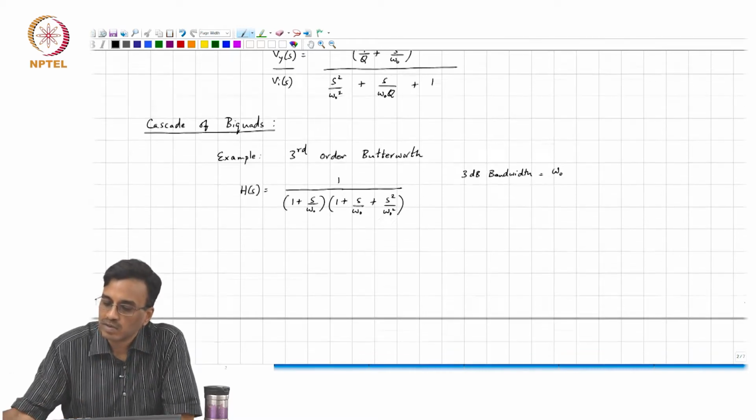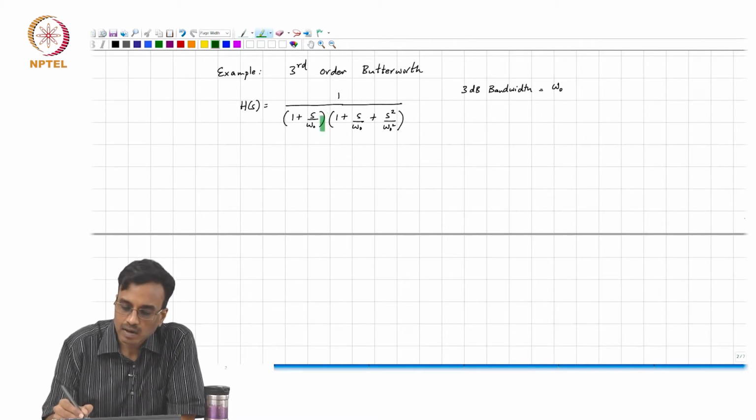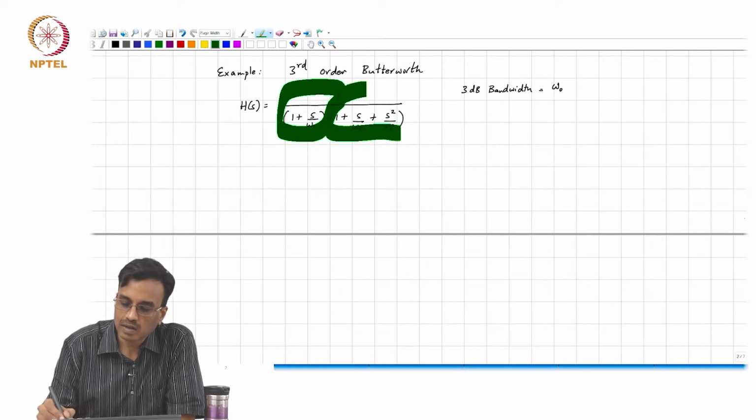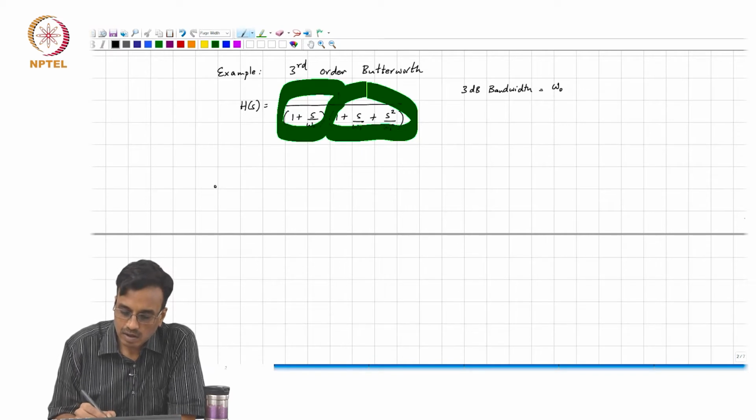Now, let us try and figure out how to realize this. We will realize this as one section, and this obviously is the other section. The first order section, we already know what to do.